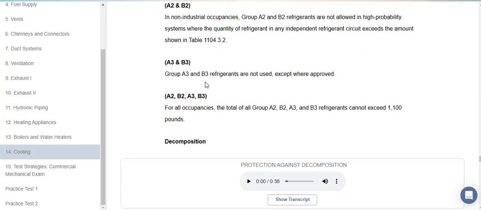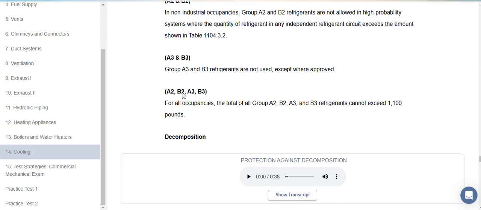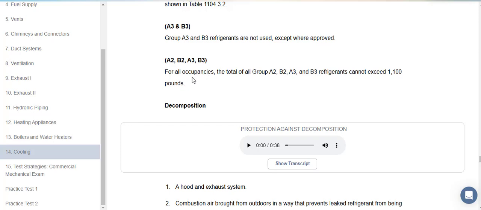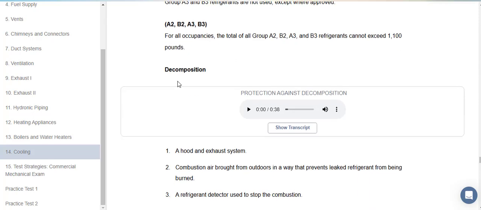Group A3 and B3 refrigerants are not used except when approved. The total of all group A2, B2, A3, and B3 refrigerant can't exceed 1,900 pounds.